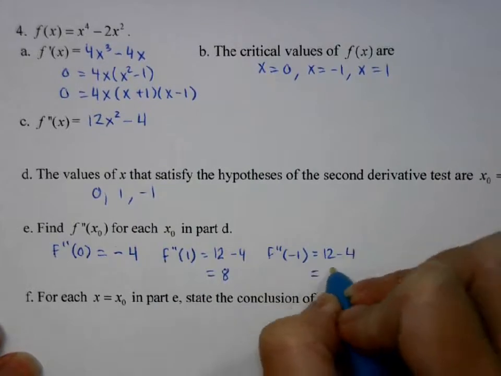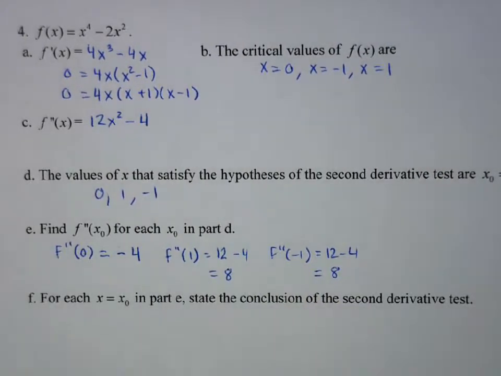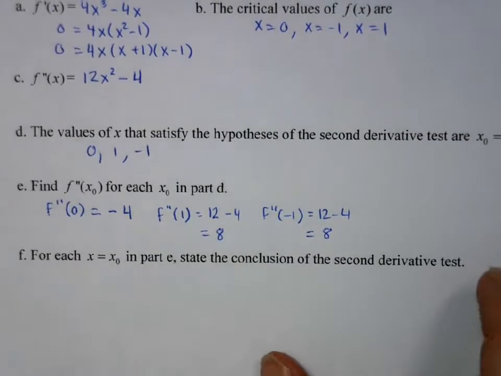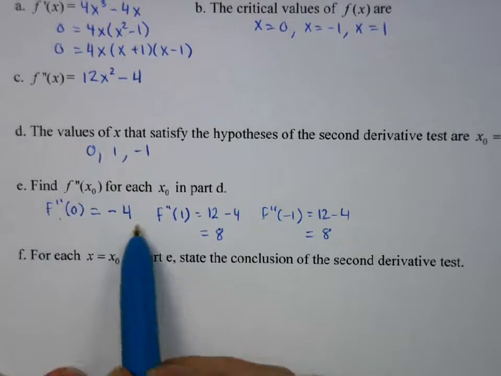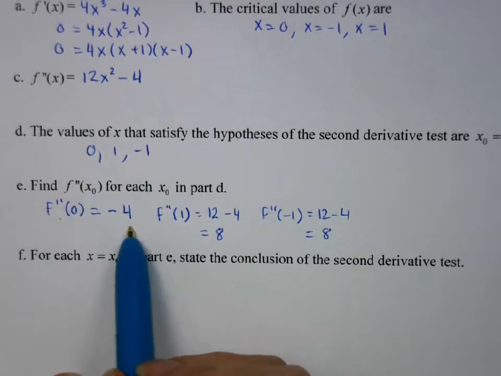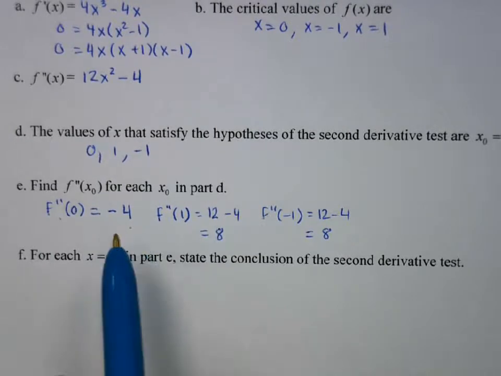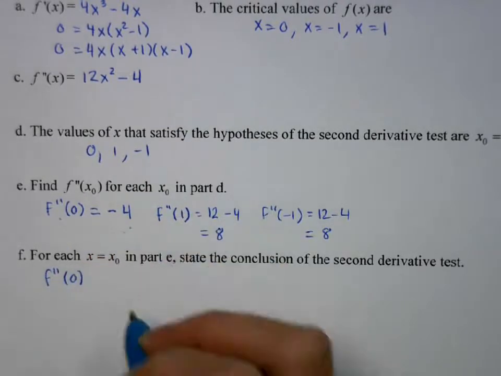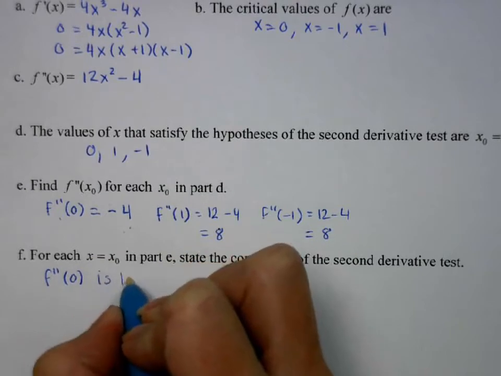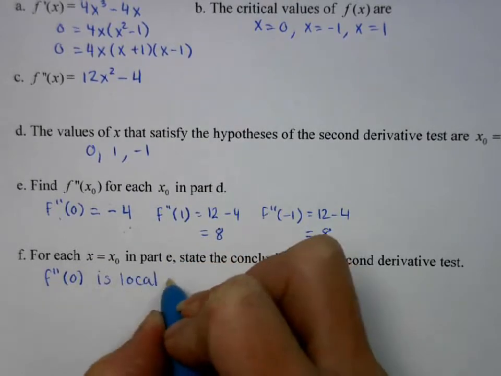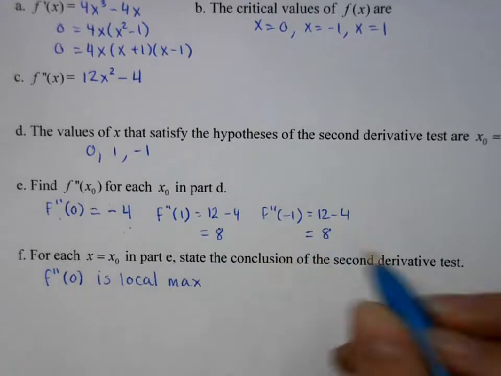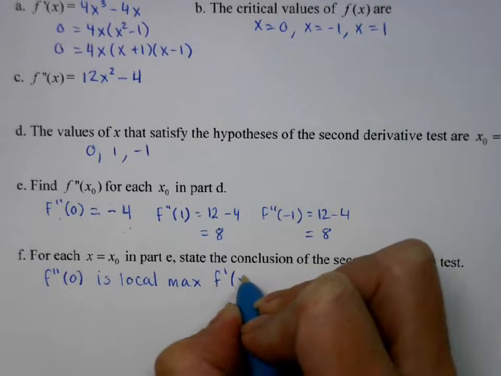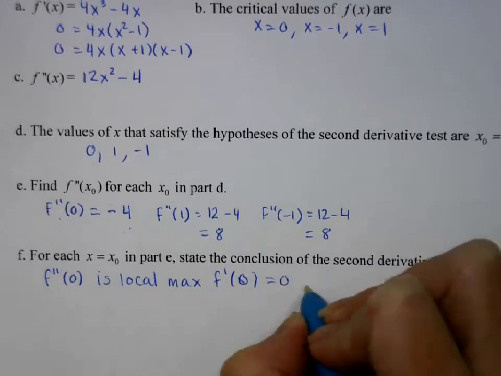That's enough information for me to determine whether those locations are maximums or minimums. Okay, x equals 0, the first derivative was 0, the second derivative was negative. So x equals 0 is a local maximum, and the reason we will state is because f prime of 0 was 0, and f double prime of 0 was less than 0, is negative.